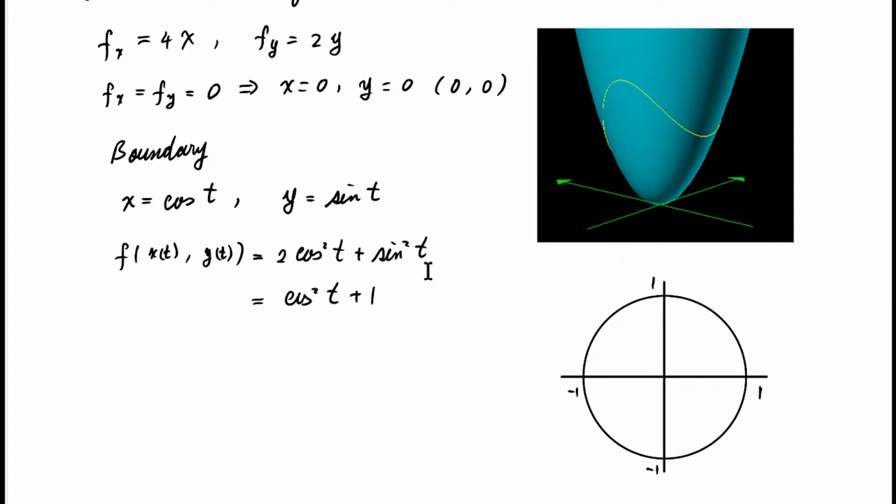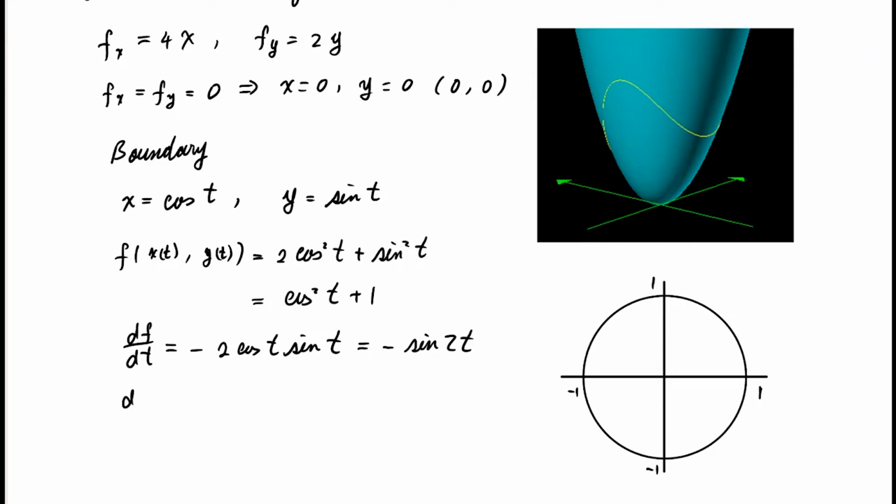Okay, then I'm going to take a derivative now with respect to t. So that will give me negative 2 cosine t sine t, by the chain rule. And before we set it equal to 0, using the identity, this is of course sine 2t. You guys look lost. You with me so far?